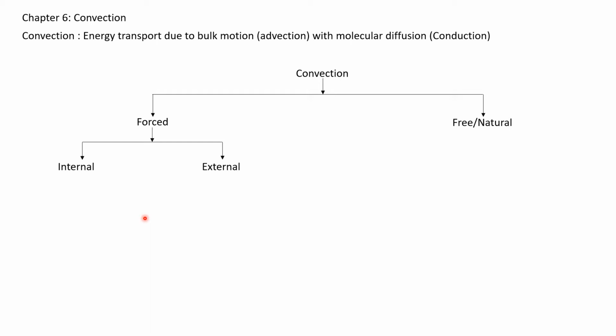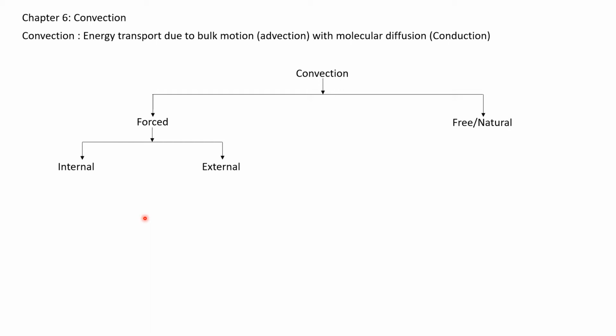And let's say you have a hot tabletop transferring heat to the surrounding air through convection. You don't have any boundaries. In that scenario, you just have the hot surface and the air, so your convection will be an external type of convection.